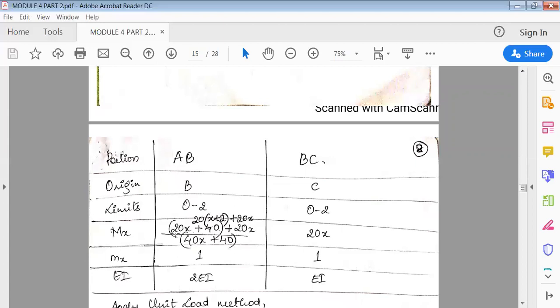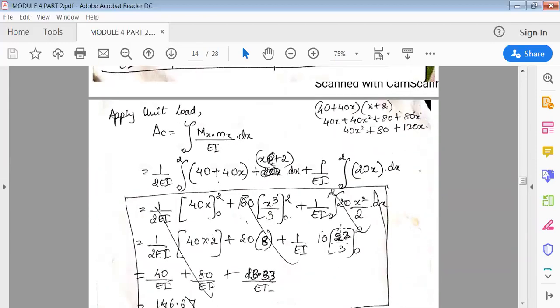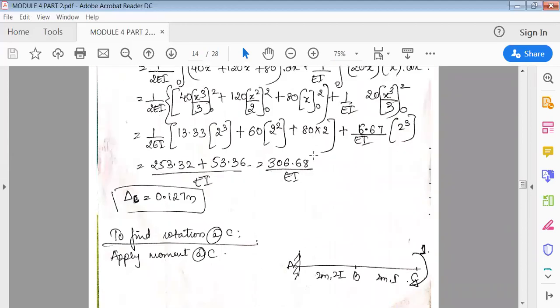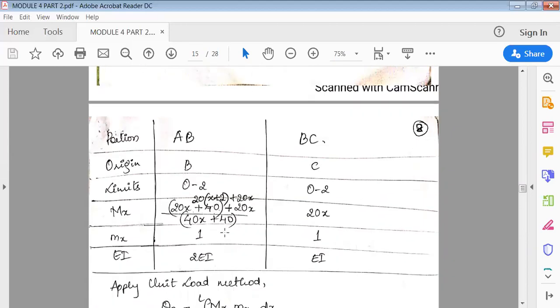The original bending moment would be the same, that is 20 into x plus 2. Next, when you cut this part of the section, it is 20 into x. That would be the same as before. So when you add this and multiply, it would be the same.